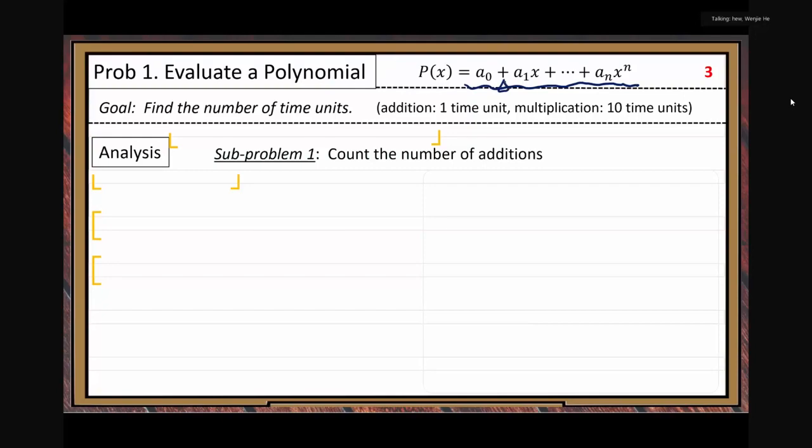One plus sign gives you one addition. Another plus sign, another addition, then dot dot dot, and you get lost. When you see a plus sign, you know you have an addition.